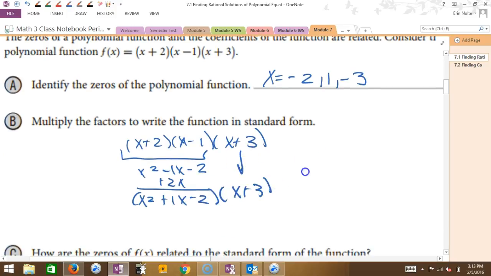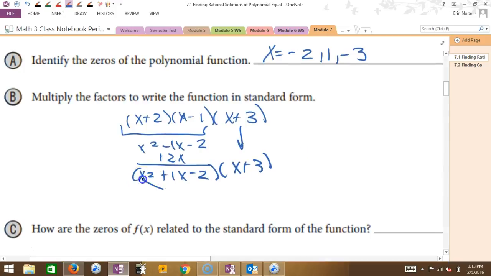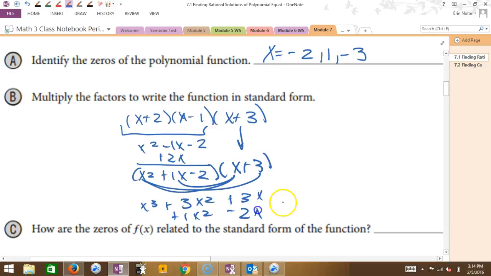And then you just do the same thing and you FOIL. So you get x cubed plus 3x squared plus 1x squared plus 3x minus 2x minus 6. And so you end up getting x cubed plus 4x squared plus 1x minus 6.